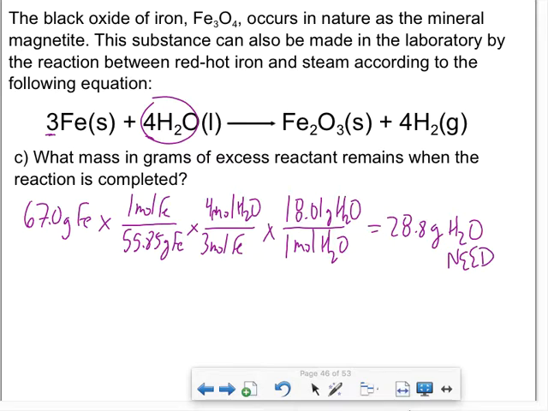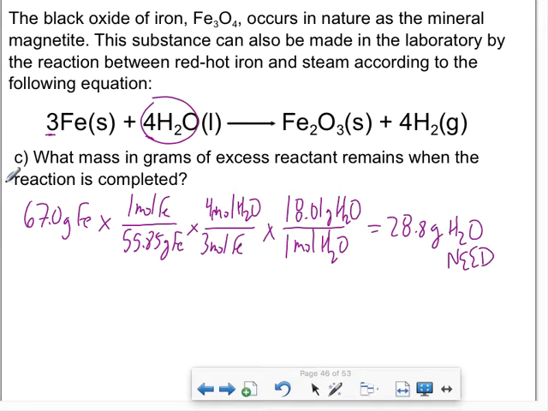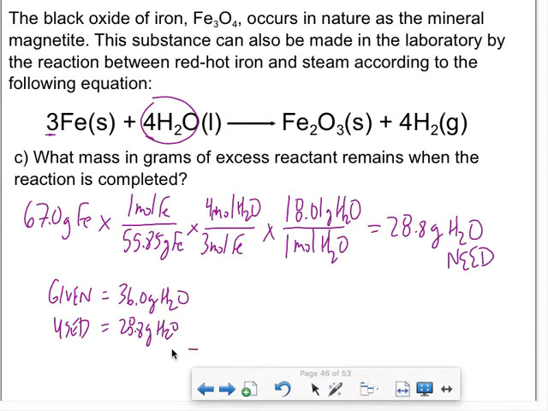Now, they gave me 36 grams. So, how much remains? I was given 36 grams of water, and I used, or needed, 28.8 grams, and they want to know how much remains.